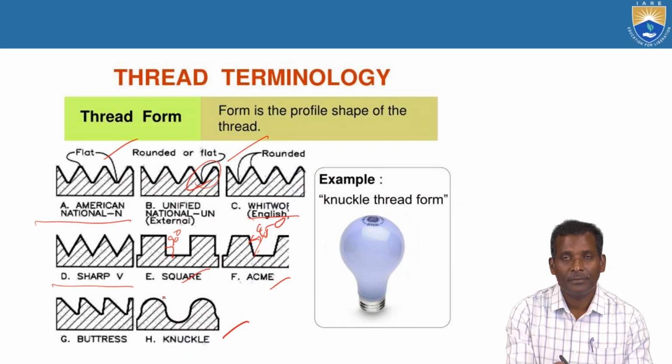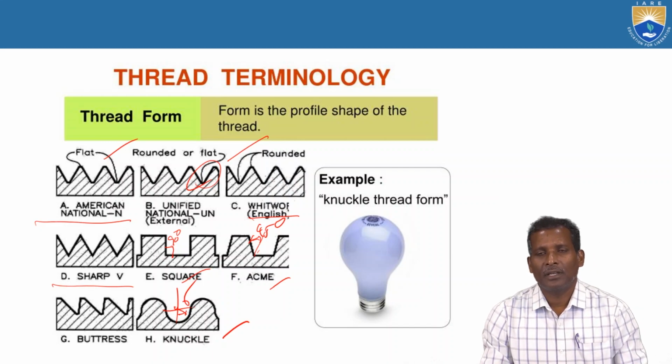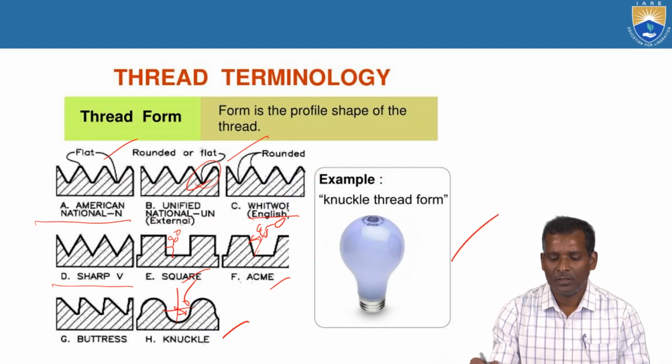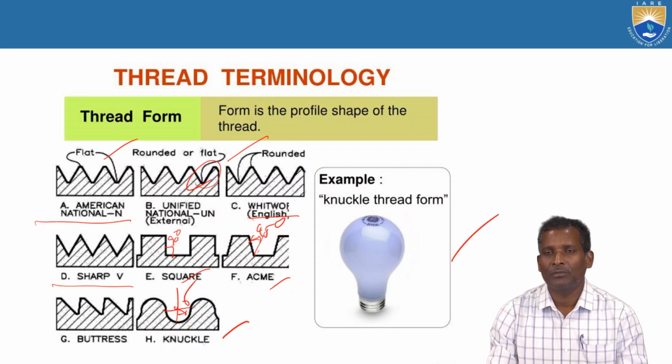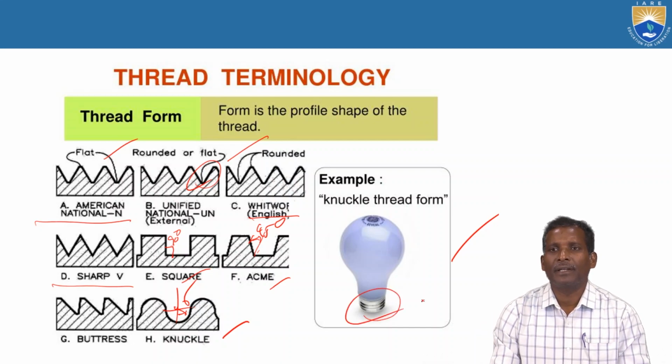Clear? And in a knuckle thread, some radius is available. An example shown here is the application in an electric bulb, knuckle type threads. So you can find.